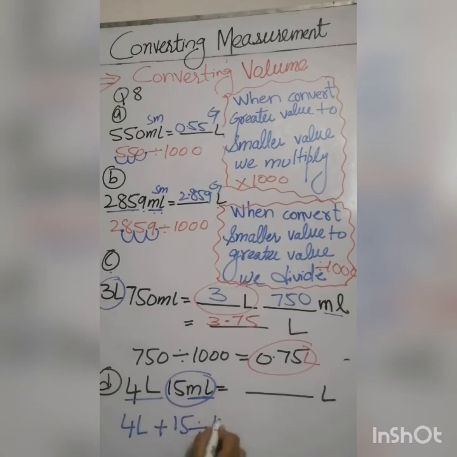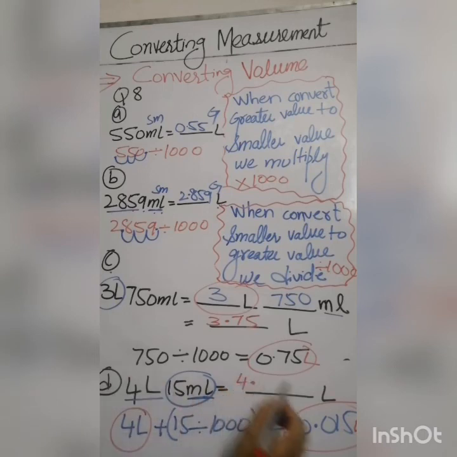We divide it by 1000. When 15 is divided by 1000, we get 0.015. So when we add 4 liters and 0.015 liters, the answer is 4.015 liters.